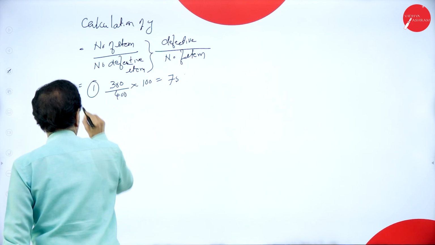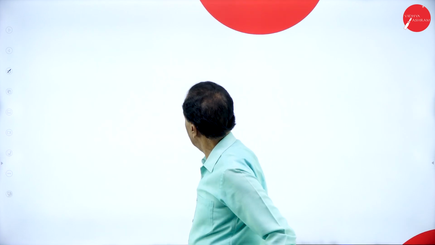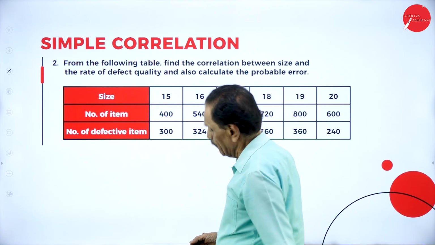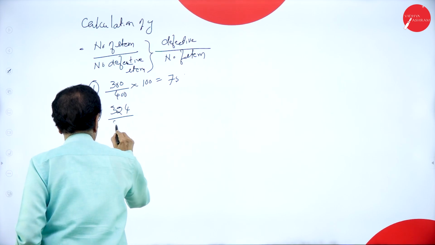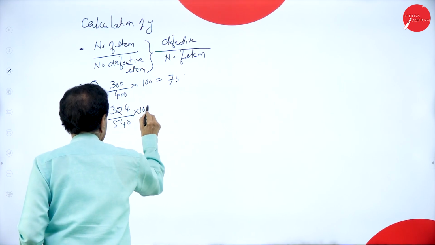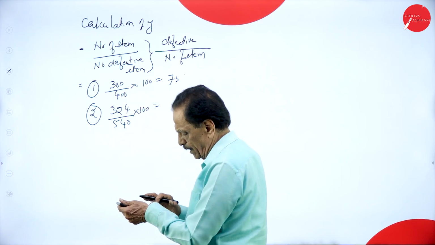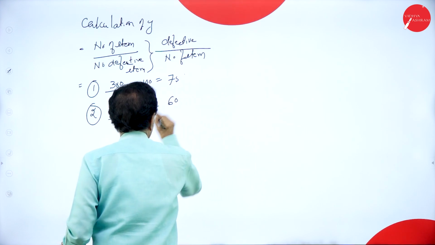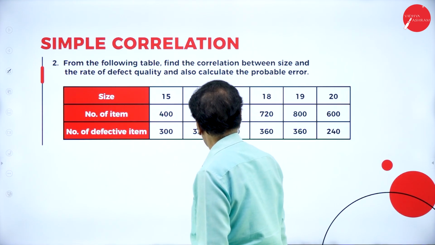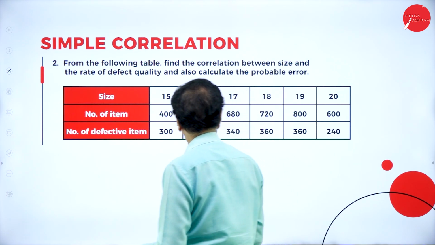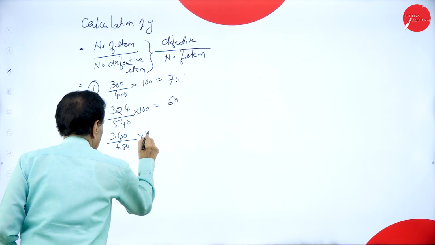Now this is number 1. Number 2: how much is there? 324 divided by 540 into 100, which is 60. Number 3: 340 divided by 680 into 100.